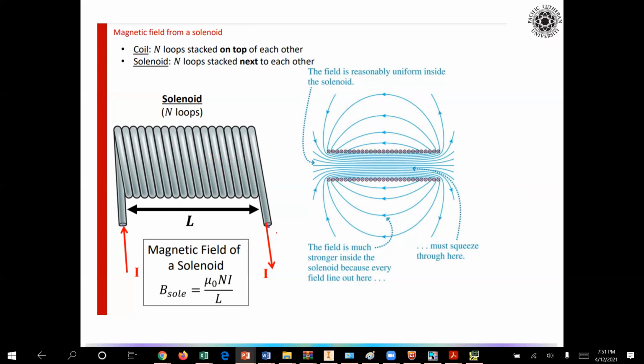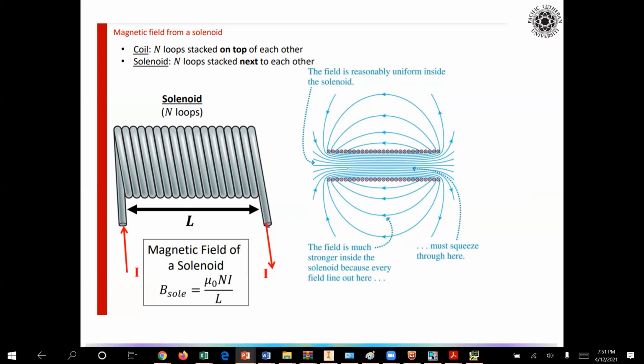And usually in that case we use the right hand rule to find the direction of the magnetic field, where our thumb points in the direction of the current and the curled fingers point in the direction of the magnetic field.